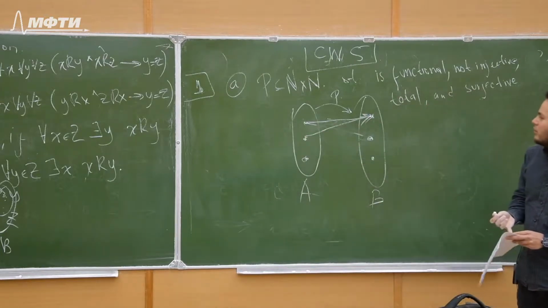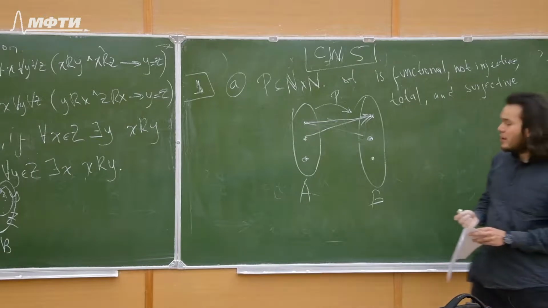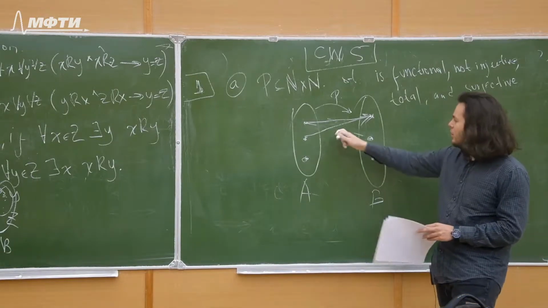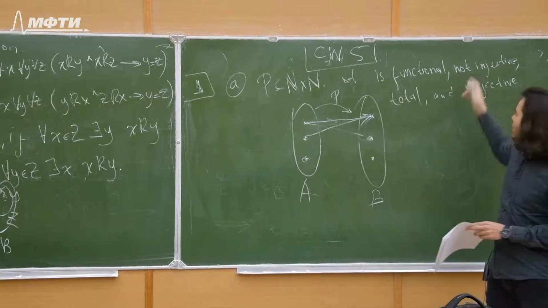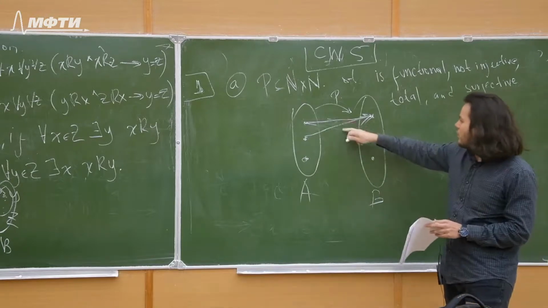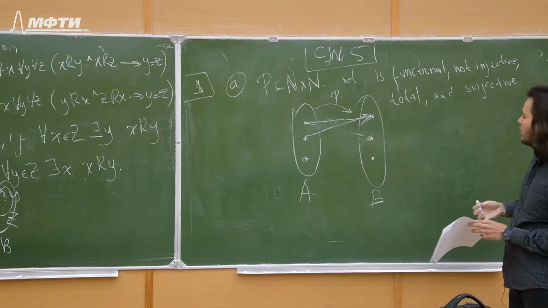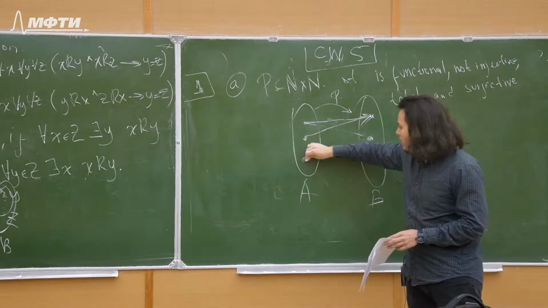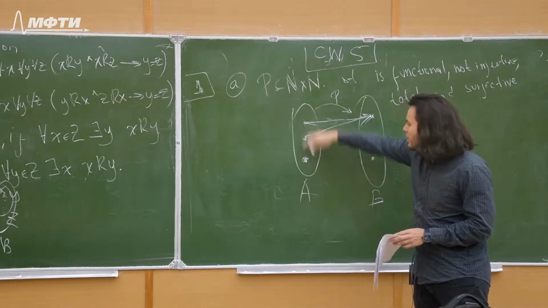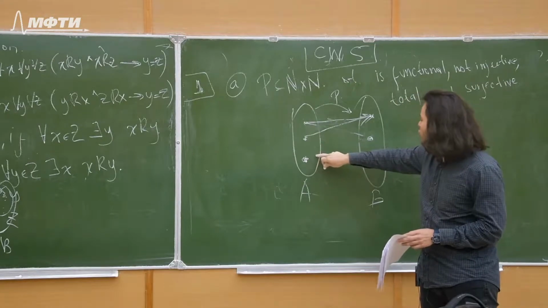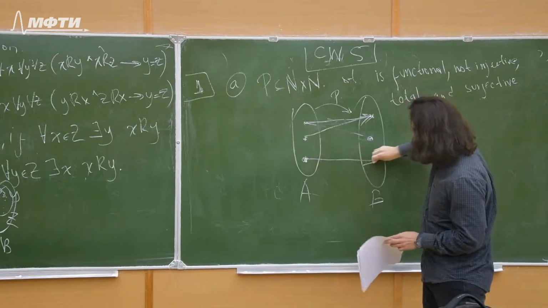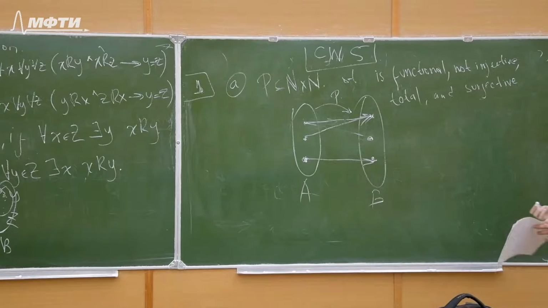Okay, so now it is still functional, and now it's not injective because we allow this, and now we need it to be total. So it means that from all the elements here, we need to draw some arrows. So let's draw it to this one. Okay, and surjective.